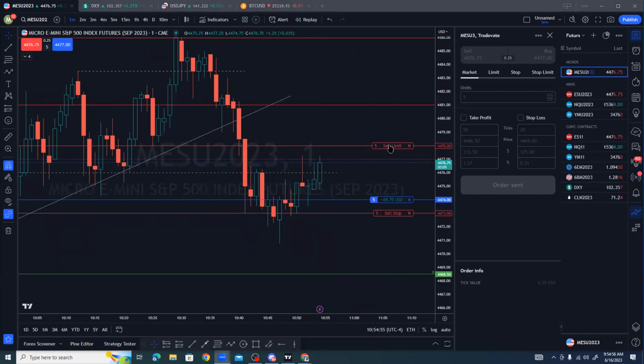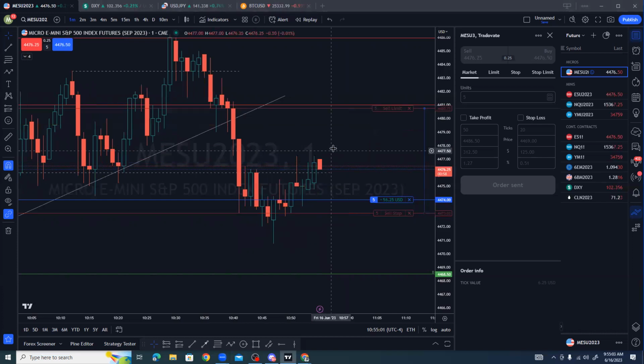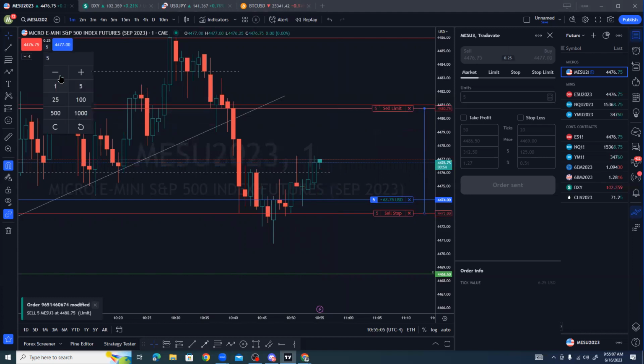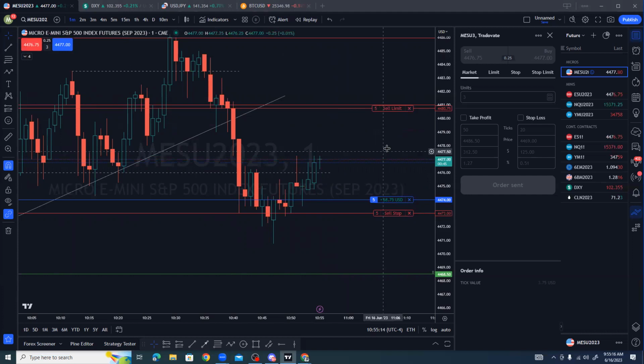In fact, I like it so much, I'm going to move my target up, and then I'm going to get out 3 points at this structure. Try and take partials here. Oh, man. Come on. Just don't want to get above that.